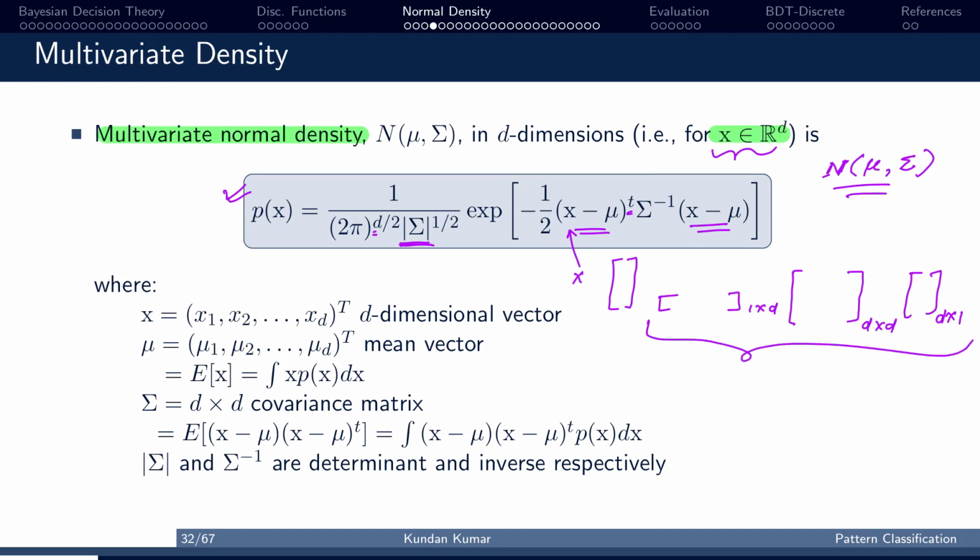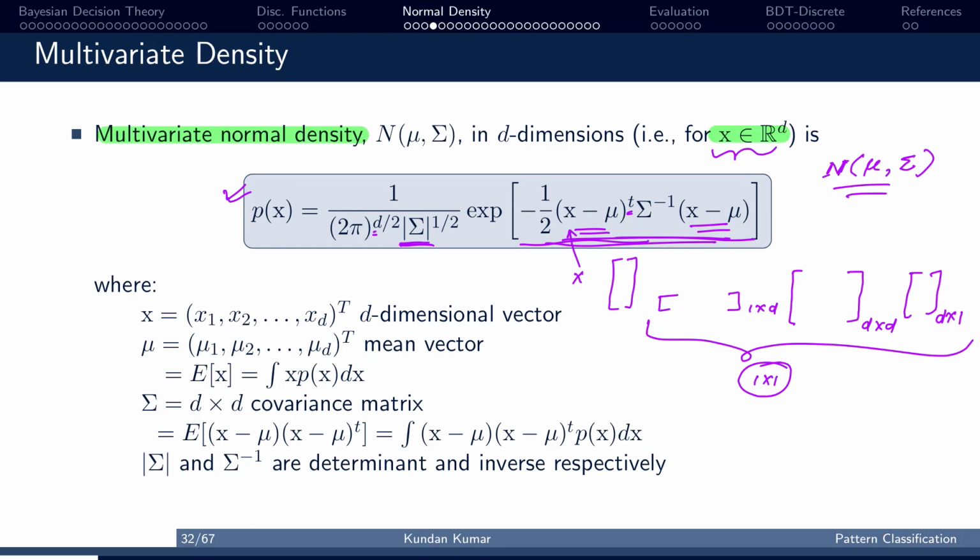So when you compute this inner term, the dimensionality of this computation will be 1 by 1, which is a scalar quantity. That means this multivariate density function returns a single value at a given position. That means it returns the density of a variable in the d-dimensional space.